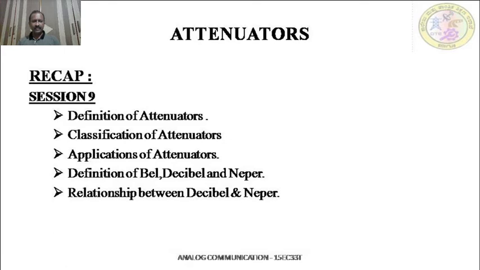Similarly, attenuation in terms of voltage: D is equal to 20 log base 10 Vi by V naught, where Vi is input voltage and V naught is output voltage. In terms of current, attenuation in dB: D decibel is equal to 20 log base 10 Ii divided by I naught, where Ii is input current and I naught is output current.